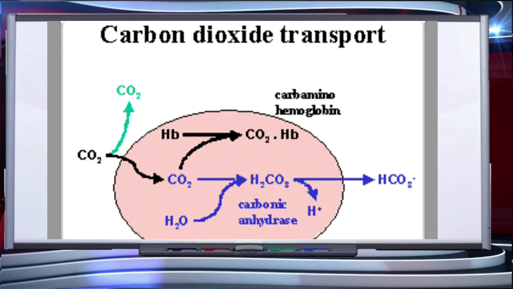Thus, carbon dioxide trapped as bicarbonate at the tissue level and transported to the alveoli is released out as carbon dioxide. So children, this is transport of gases, oxygen and carbon dioxide from lungs to tissues and tissues to lungs.